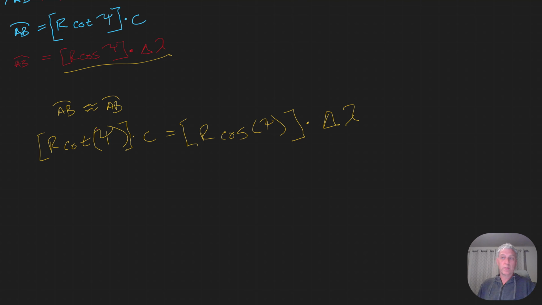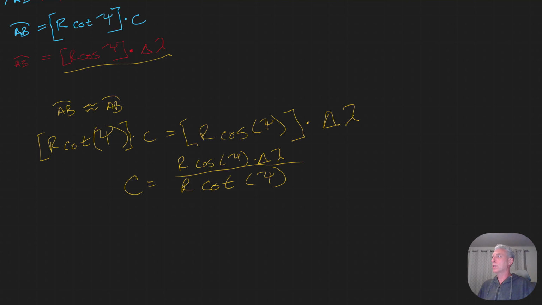Now we just solve for c, which is pretty simple. We just divide both sides by R cotangent psi, so c equals R cos psi delta lambda over R times the cotangent of psi, right?